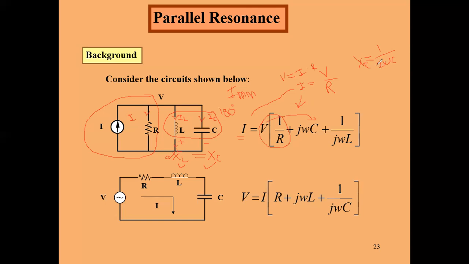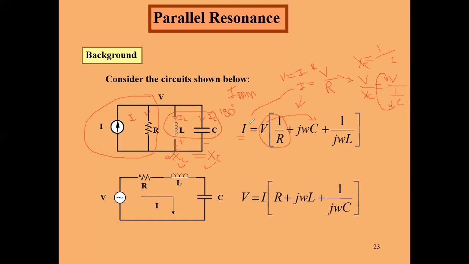So V divided by XC, which is V divided by 1 over omega C. Here it is only omega C, not twice omega C. So 1 divided by 1 by omega C comes into the upper side.